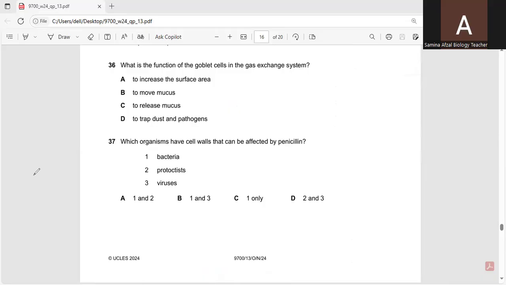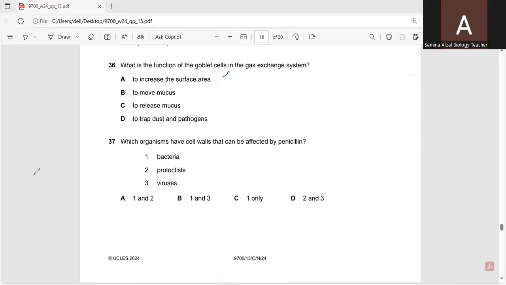They are specialized glandular cells found in the lining of the respiratory tract. Their primary function is related to mucus protection. So they produce or release the mucus to increase the surface area.